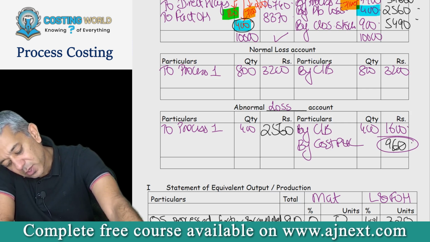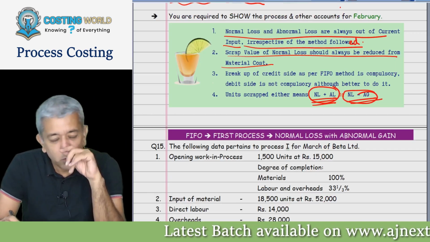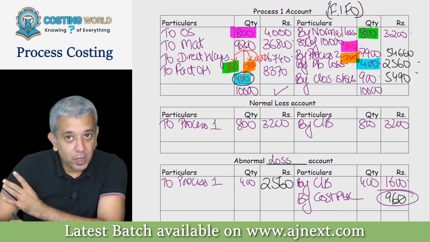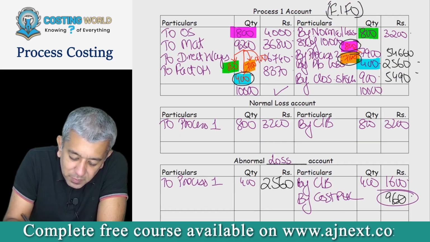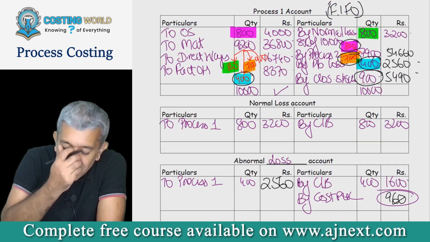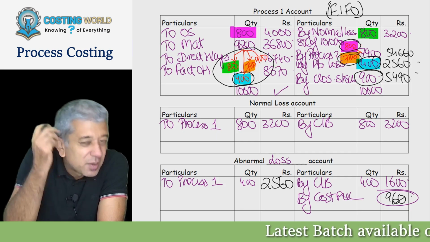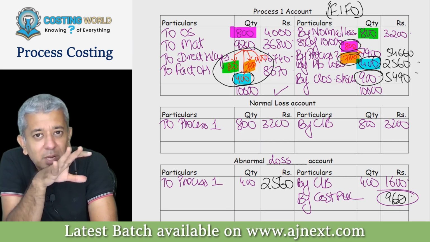Okay. Let's proceed. Now see, one thing that I've written, that's your call. What I require for the statement of equivalent output is basically this number, this number, this number and this number. So actually you do not require a breakup of this at all. But if you do it, it is better, not compulsory for you all. What I require is a breakup of the credit side.